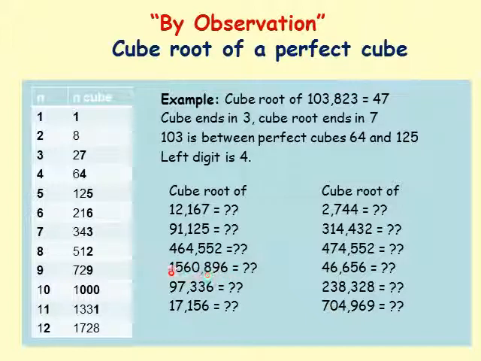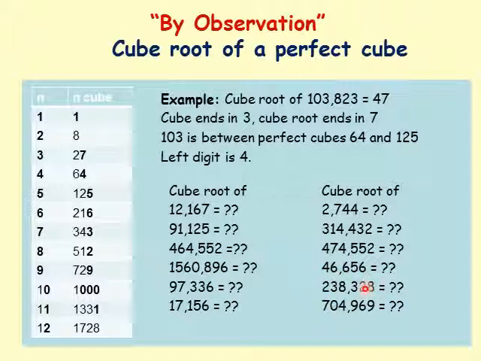For the left digits, look at 1560. Come back to the table. 1560 is between 1331 and 1728. That gives me 11 as the left digits of the cube root of 1560896. That gives me the cube root of 1560896 is 116.